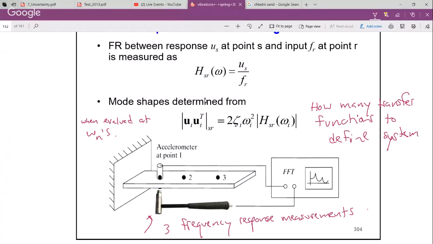On the right side of the equation is stuff we can extract from our frequency response measurement. The left side is what we need to determine the magnitude of our mode shapes from the measurements. I didn't derive this equation, this is given. If you need it on a test, I'll give it to you.